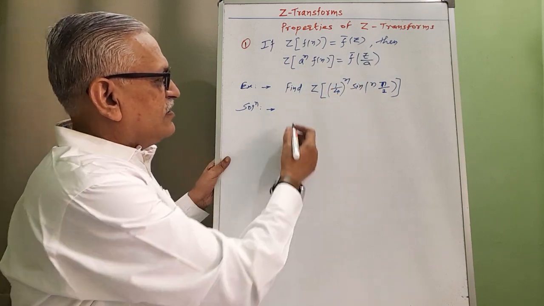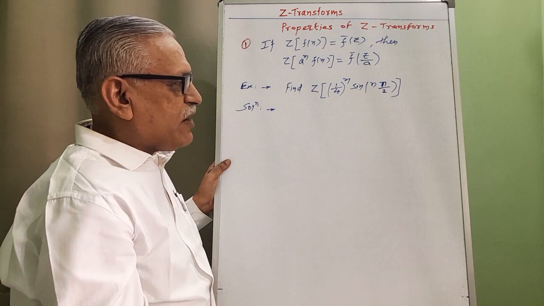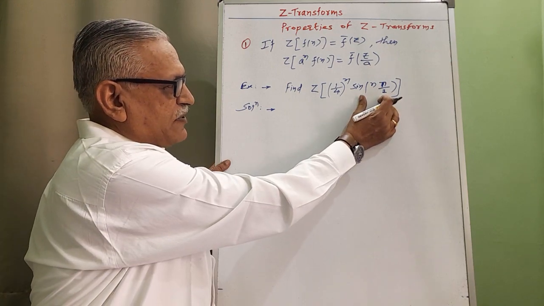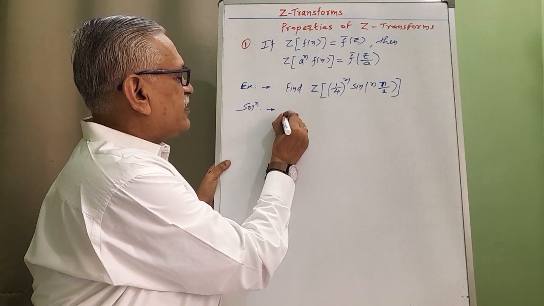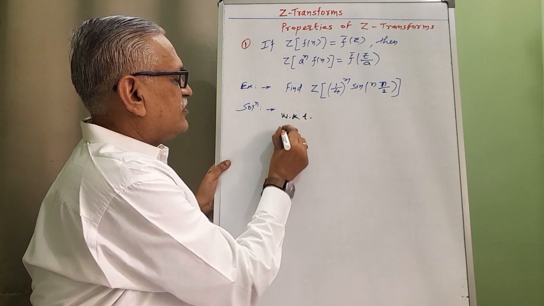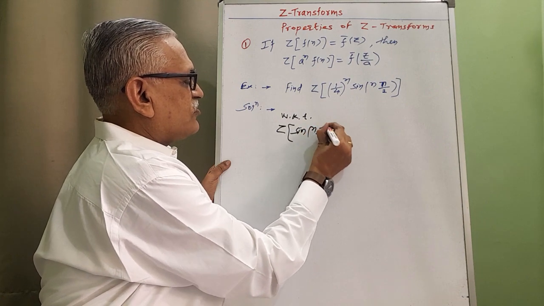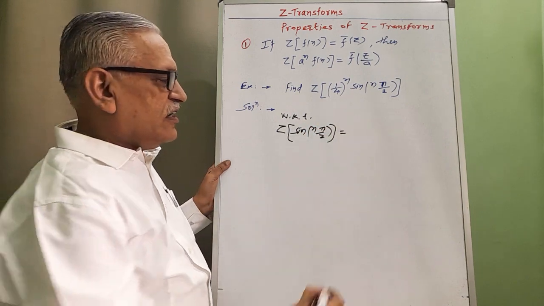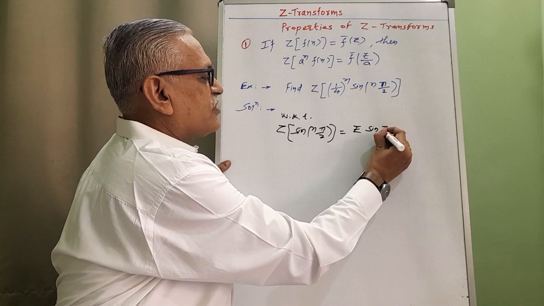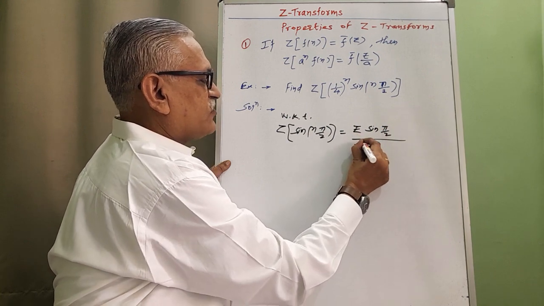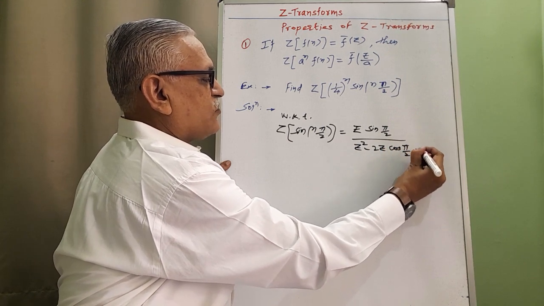First example, find Z transform of 1 by 4 raised to n into sine of n pi by 2. Here f of n is sine n pi by 2 and it is multiplied by a raised to n type of term. Therefore, we know the standard result: Z transform of sine of n pi by 2 is z sine omega, here omega is pi by 2, therefore sine of pi by 2 divided by z square minus 2z cos pi by 2 plus 1.